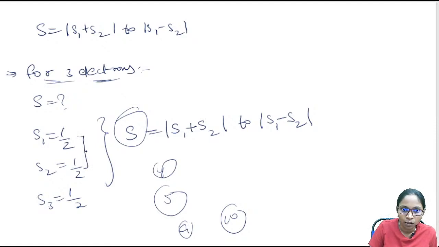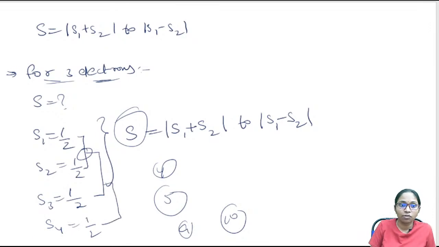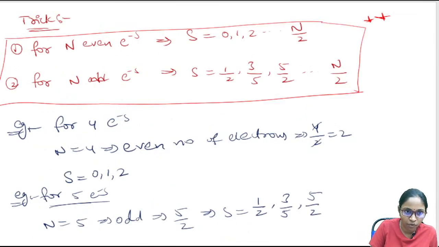And again you have to do the sum for the result of these first 2 electrons and the third one. And if you have a 4th electron, you have to add this one to this 4th electron. It will be a little harder to find out. Therefore, I will give you a trick to find out the S value.